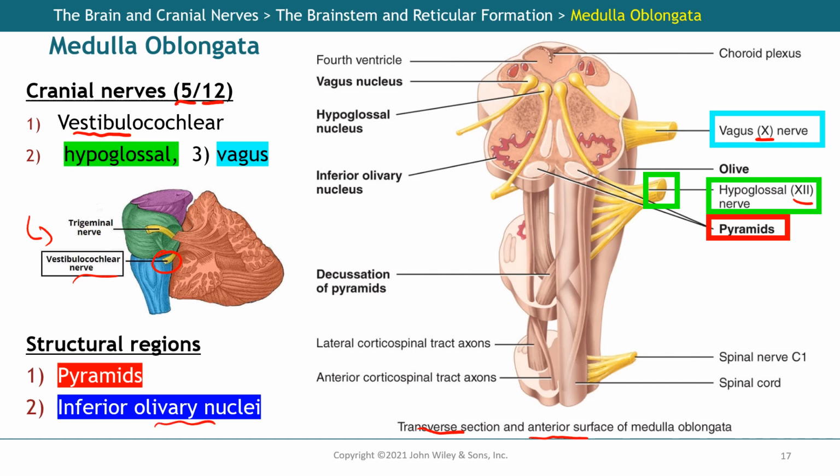So here the pyramids are located here, and the inferior olivary nuclei are located here. Okay, so let me show you in detail, or not into a lot of detail, but I will have a slide for the different cranial nerves and another slide for explaining a little bit about the pyramids and the inferior olivary nuclei.